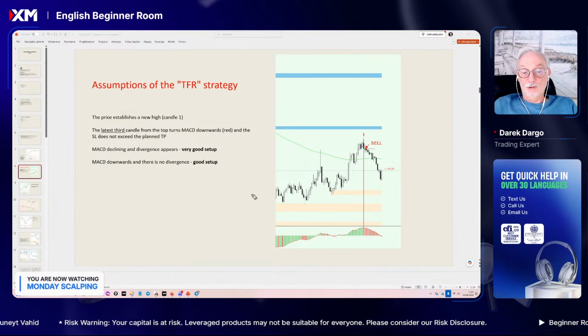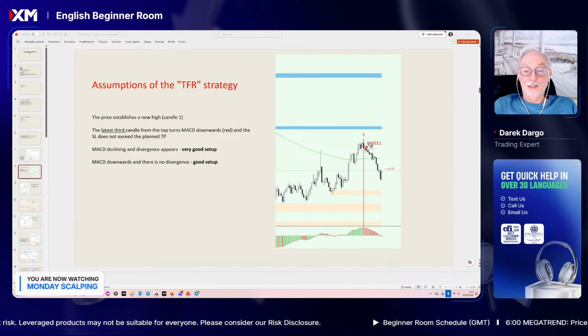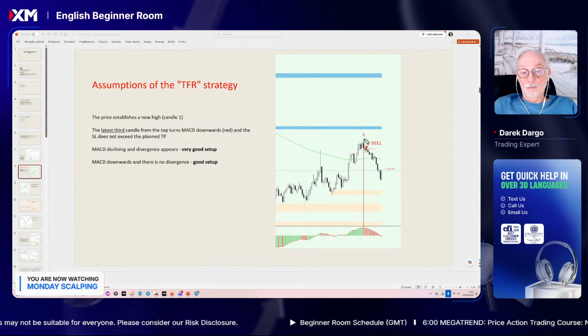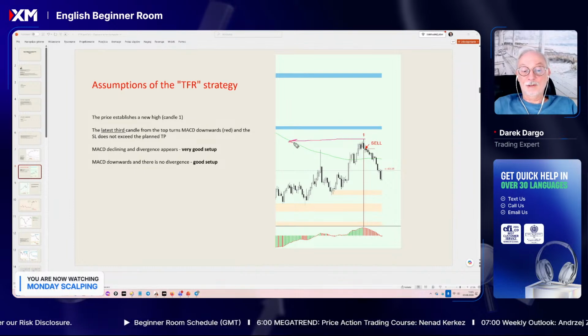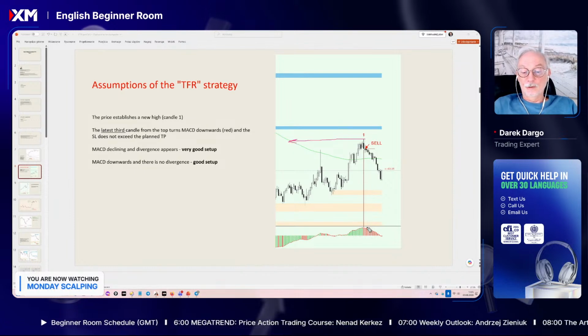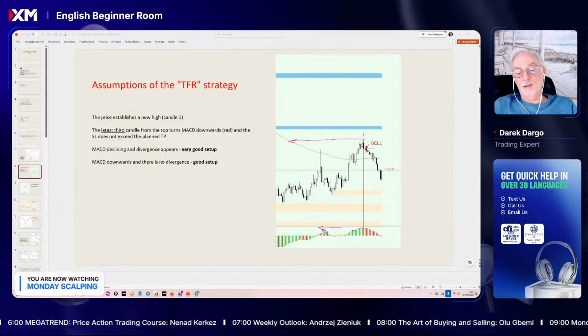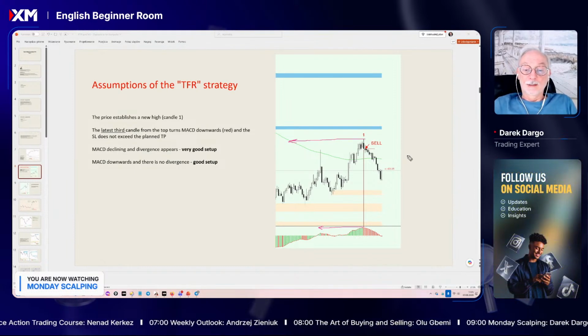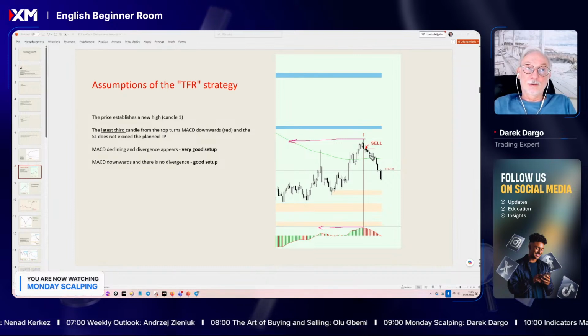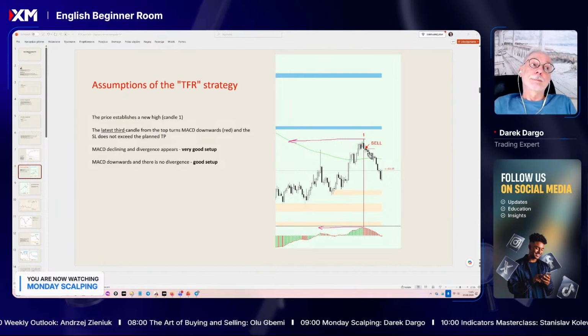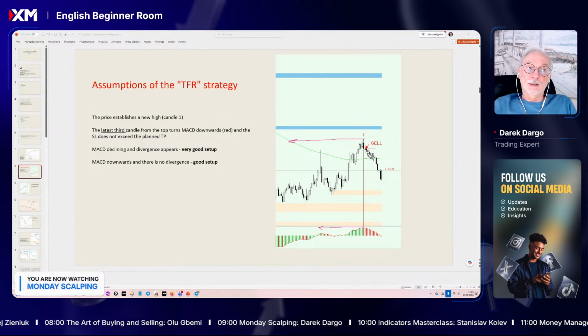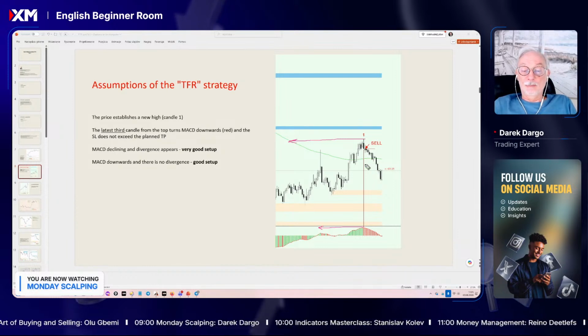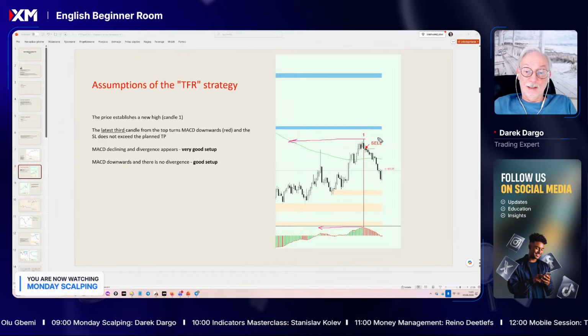For example, if this is our 5 minute chart and this is our day, and we see the price is creating a maximum, there was no higher price today. And we also look at the MACD, and MACD is also at the highest level of the day. Then we can say that we have an opportunity that the market is exhausted and maybe it's time to sell.